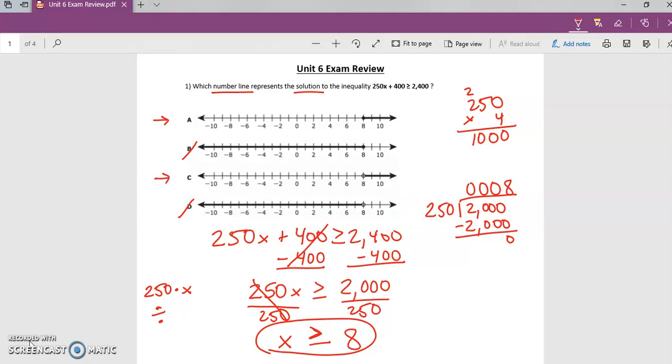Letter C has an open circle. Since the line is underneath that inequality sign, it would have to be a closed circle. So letter A would be my answer for number 1. Again, it's all the values greater than or equal to 8. So it could be 8, 9, 10, 11, and so on.